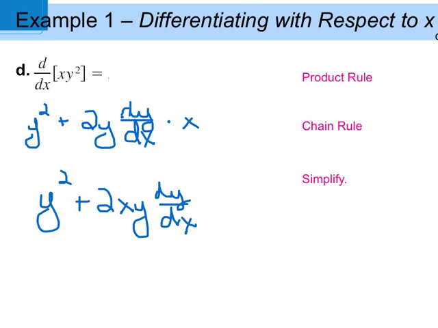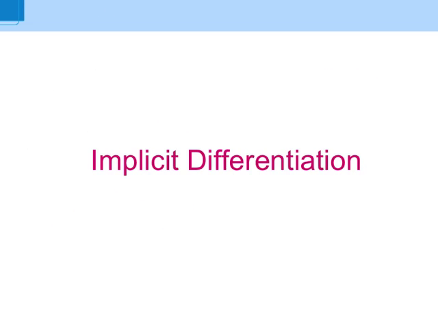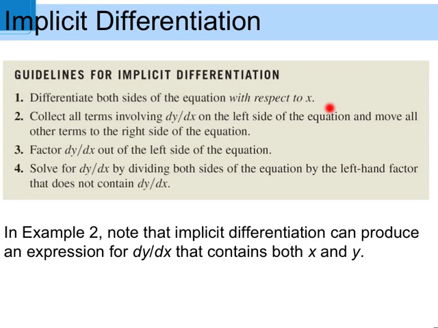Okay, and then you just want to put that all together to do implicit differentiation on entire equations. These were just little expressions, so now we'll look at the steps for implicit differentiation. Differentiate both sides of the equation with respect to x, collect all terms that have a dy dx, usually on the left side, although like we discussed today, you could always put them on the right side, that's up to you.